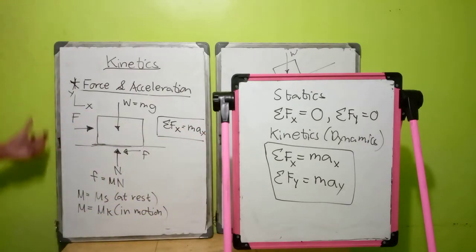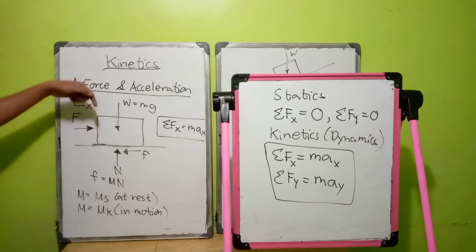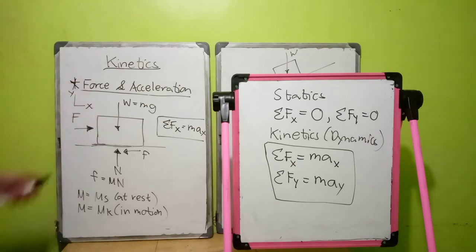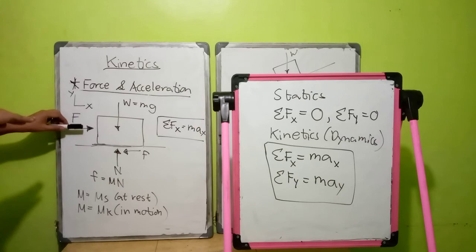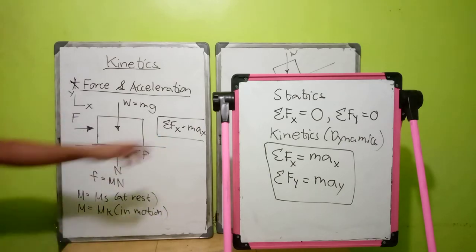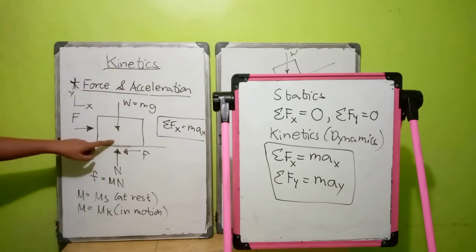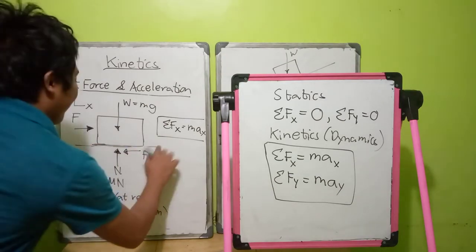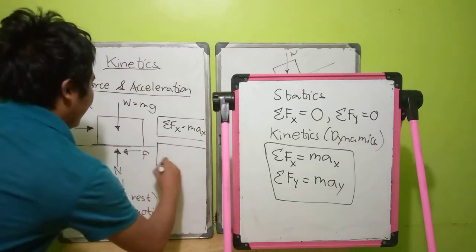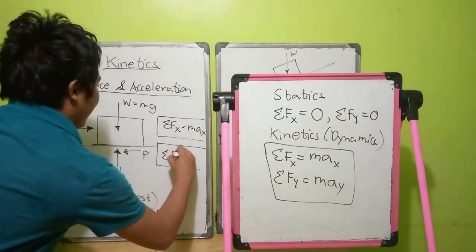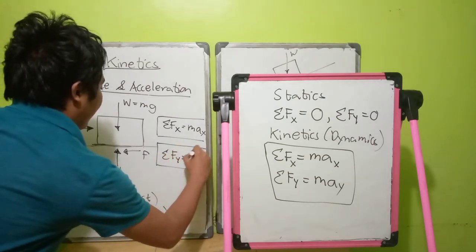But for your y direction, this force only moves horizontally, so there is mass times acceleration in the x direction. Relative to the y-axis, however, it is not moving. So for the y-axis, we will use the summation of forces along y equal to 0.